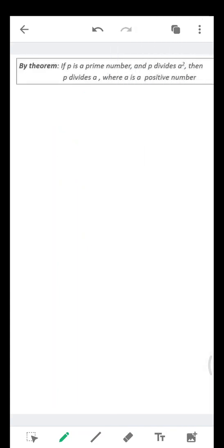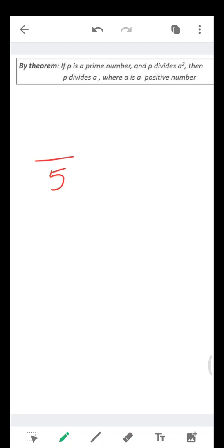Next, we are also going to see this theorem. This theorem is also used in question number 1, that is exercise 1.3. So if p is a prime number and p divides a square, let's take one example of a prime number like 5.